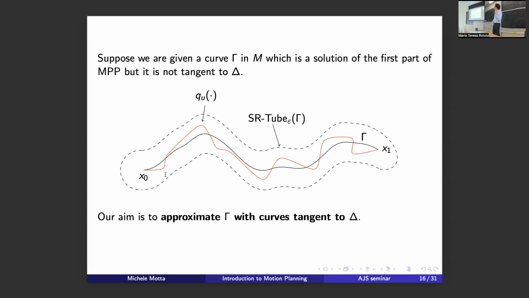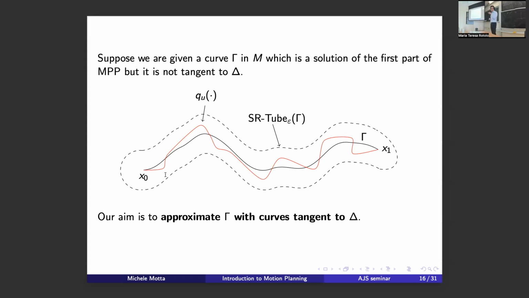We didn't say it, the distance before was the Riemannian distance. So we can introduce the Riemannian tubular neighborhood of this curve, and we are interested in finding a solution of our control system that stays close to this curve.